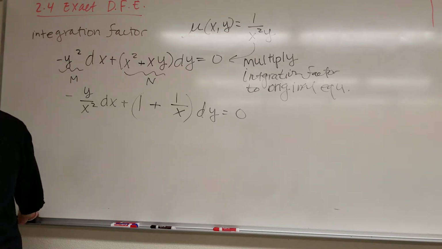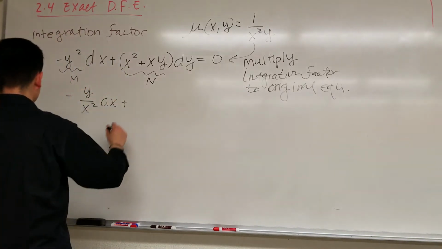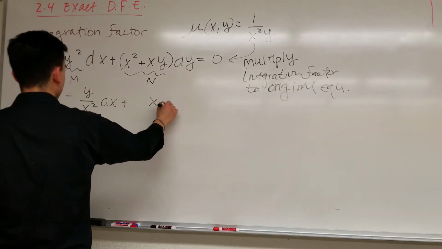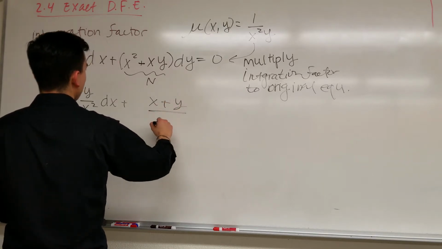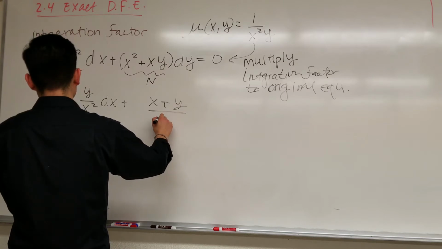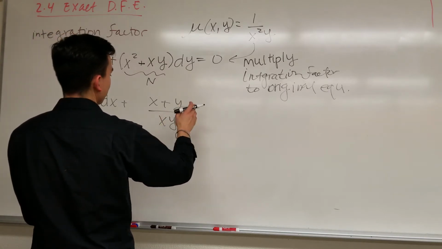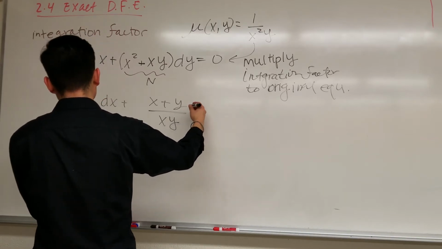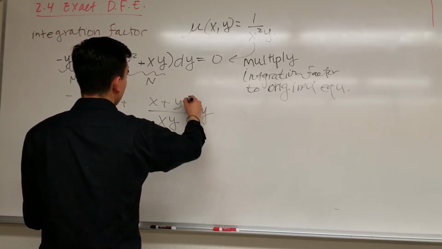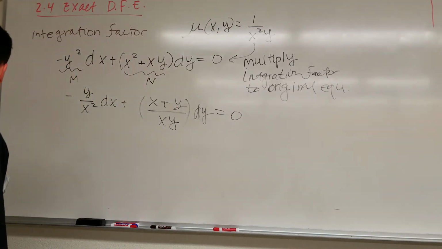Or did I do that incorrectly? Well, according to my notes, I did. We have the x plus y over xy. And looks like I did it correctly, but I did another way. Okay, so we have that.